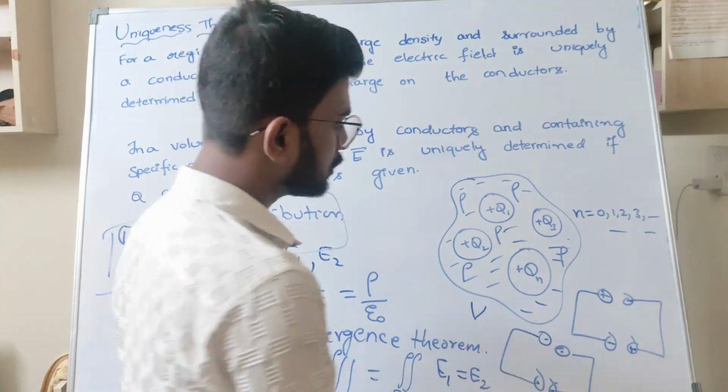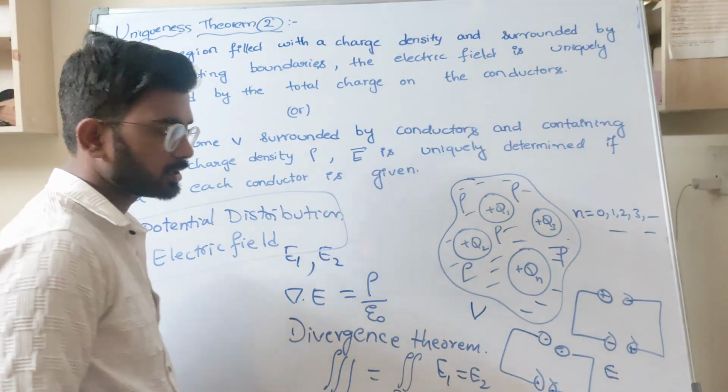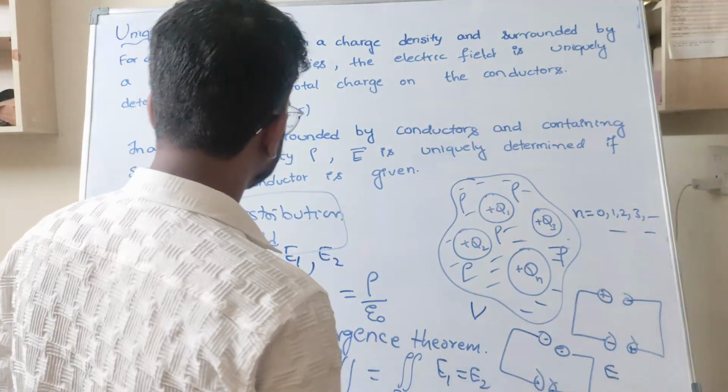So by this I can find the electric field. While discussing problems based on the uniqueness theorem, I will explain the types of problems in detail.